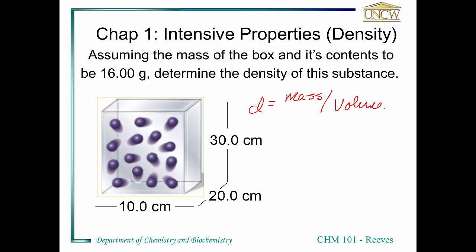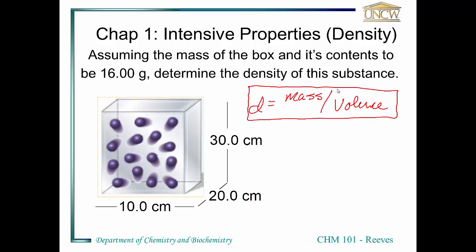And even though mass and volume are themselves extensive, meaning that you get more when the size of your system increases, the ratio for a pure system or a homogeneous mixture always stays the same, even if you take a smaller or larger sample. So density then becomes a property of the substance.